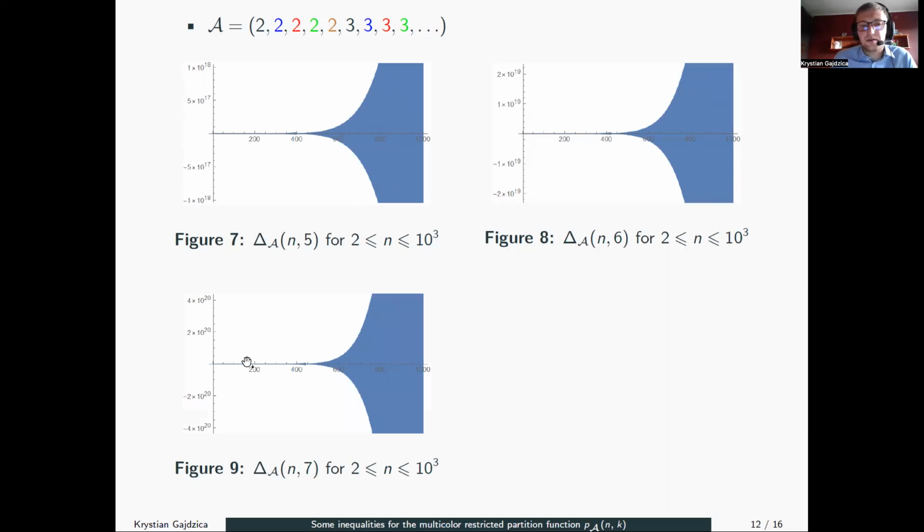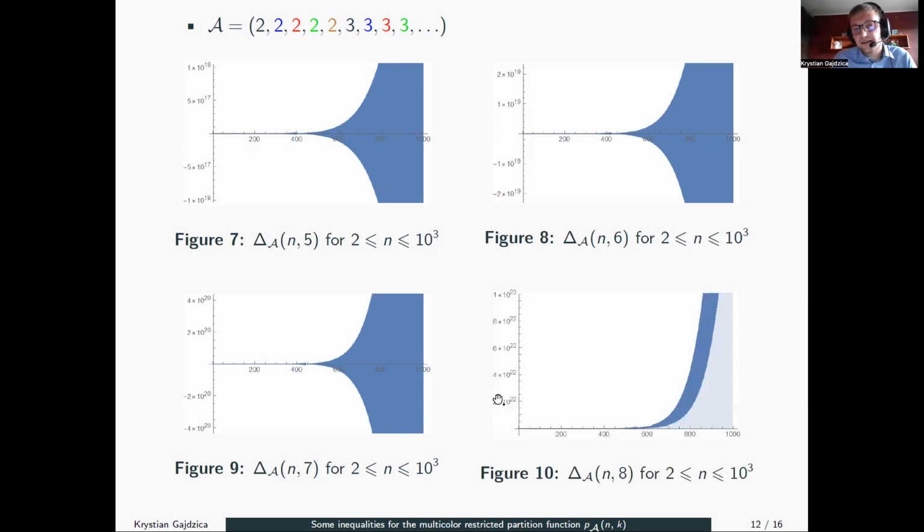A similar observation can be made if k equals 7, but surprisingly, if we assume that k is at least 8, then in fact the corresponding multicolor restricted partition function is log concave for sufficiently large values of n.